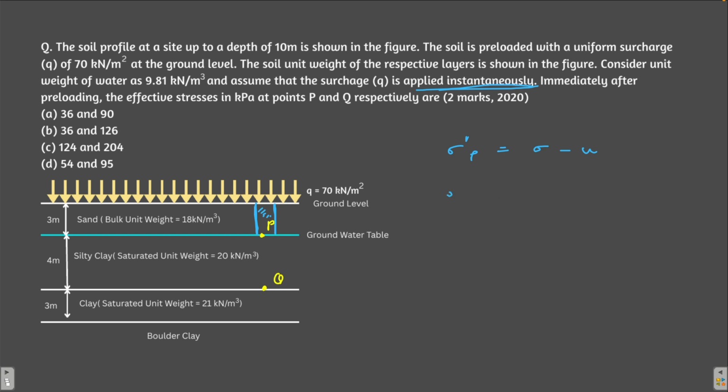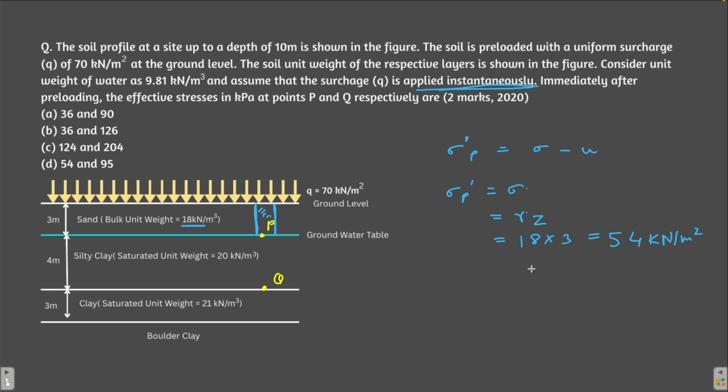Okay, so the effective stress at point P will be equal to the total stress, and total stress is simply gamma z, right? What is gamma? Gamma is the bulk unit weight of the sand. So 18 into what is the height? Height is 3. So 18 into 3 is 54 kilonewton per meter square, right?